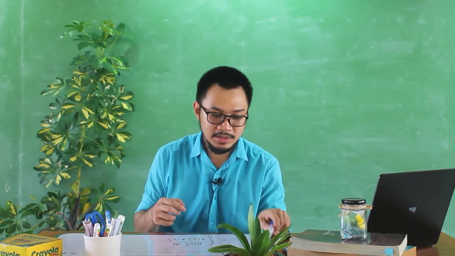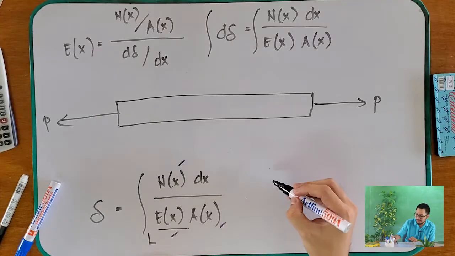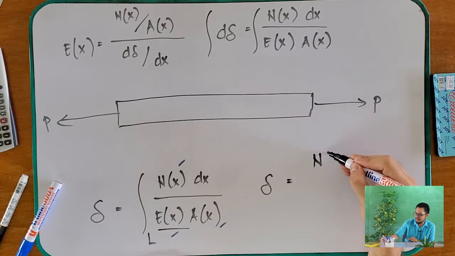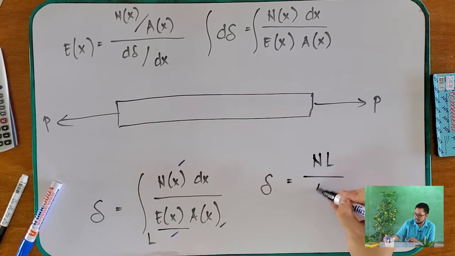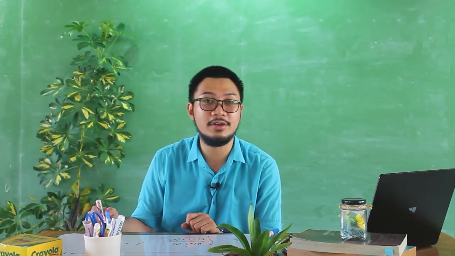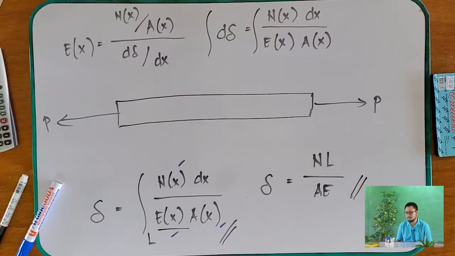Therefore, what happens? To simplify this, since many terms are constant, what remains is N L over A E. So this is your formula for your deformation, given that we have the force, the length, the A, and the E. Okay?